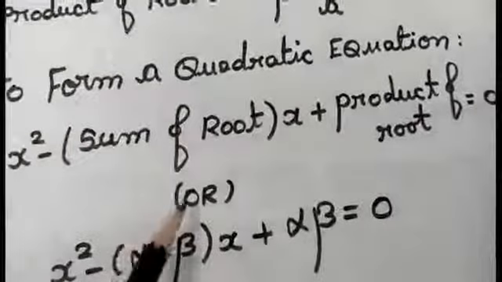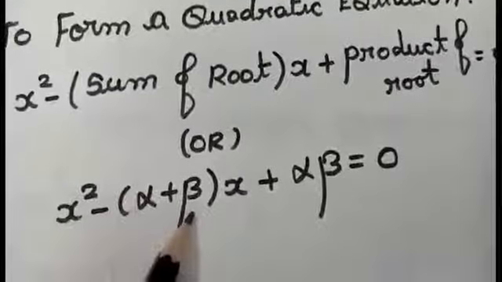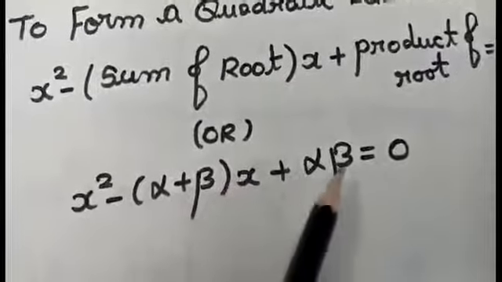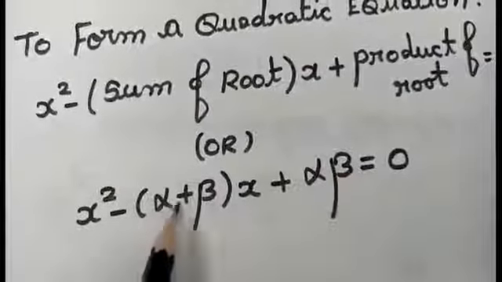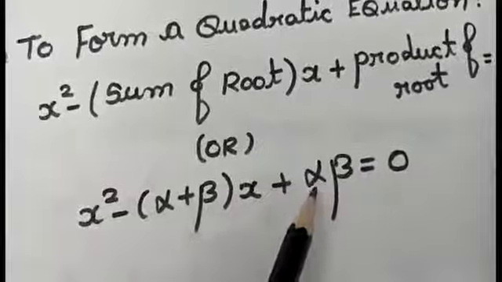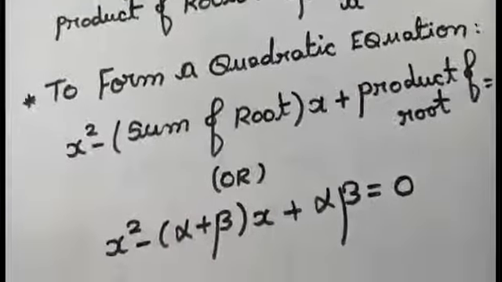This can also be written like this: x square minus (alpha plus beta) into x plus alpha into beta equal to 0. This is sum of roots and product of roots, and we are going to see all these calculations with an example.